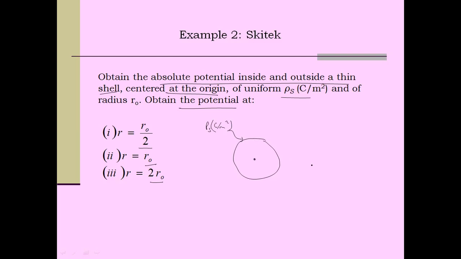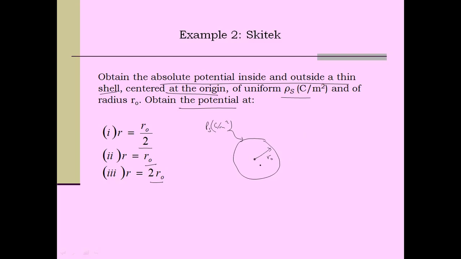The radius of the shell is r naught, as given in the question. From here, you need to find the potential at three positions. The first one is r naught over 2, which is inside the shell. Then we have r naught, which is on the surface of the shell. And the third one is 2 r naught, which is outside the shell.